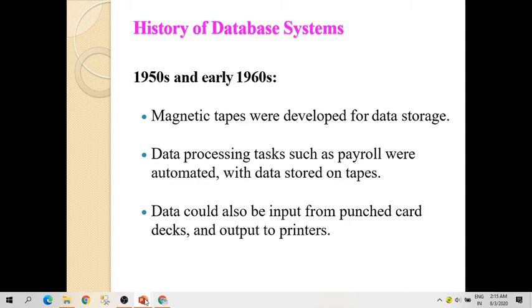But in the 60s, the two popular data models in this decade were the network model and the hierarchical model.